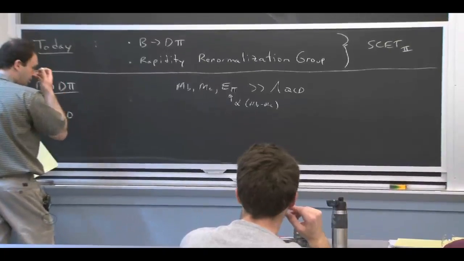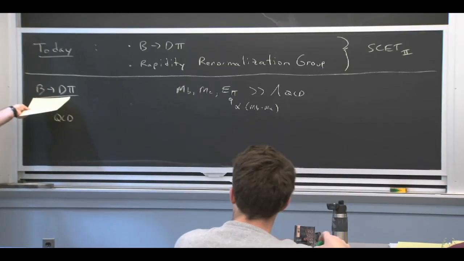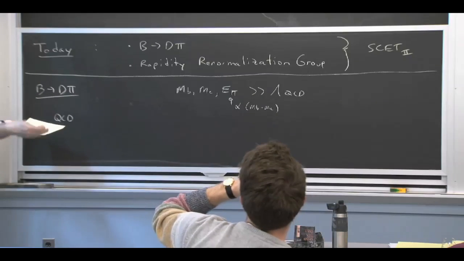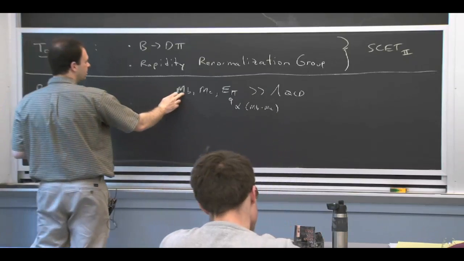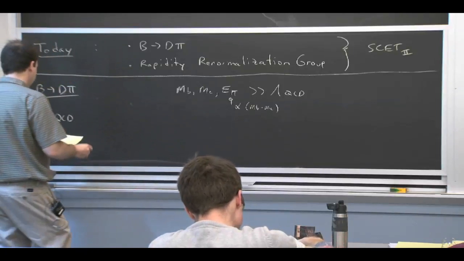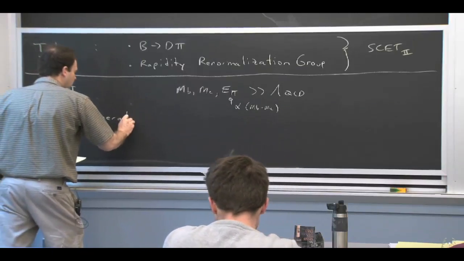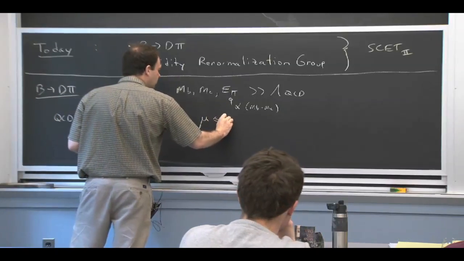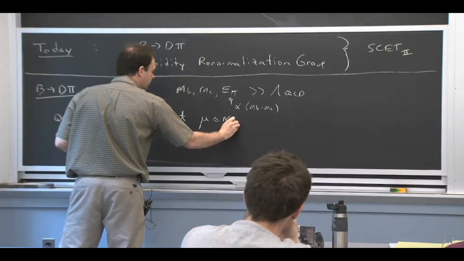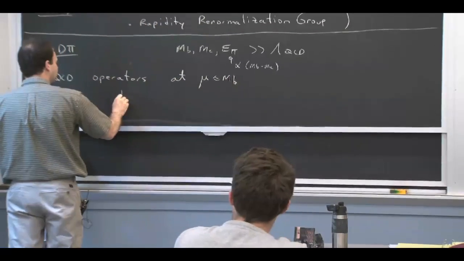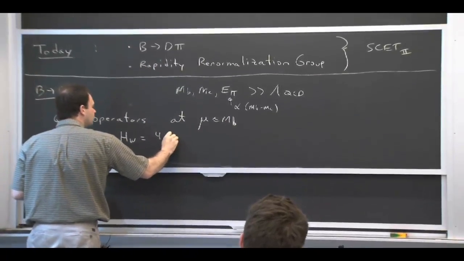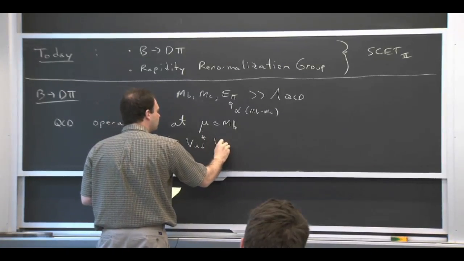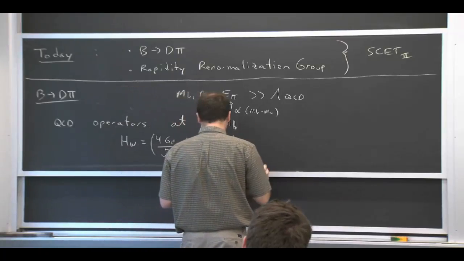OK, so we know how to treat this decay if we integrate out the W. This is a weak decay, so B is changing to charm. Integrate out the W boson, run down to the scale m_B, which is the largest scale here. That's the electroweak Hamiltonian, with some prefactor. So that's what we'll call the QCD operators, which are the relevant description at the scale of order m_B.